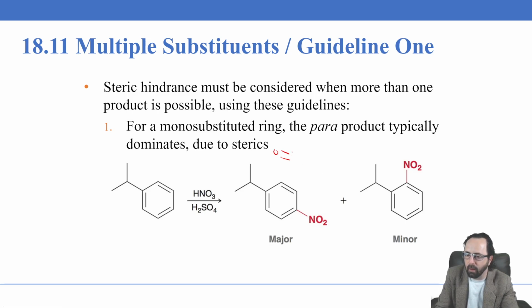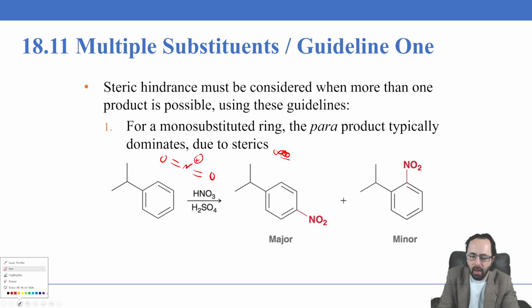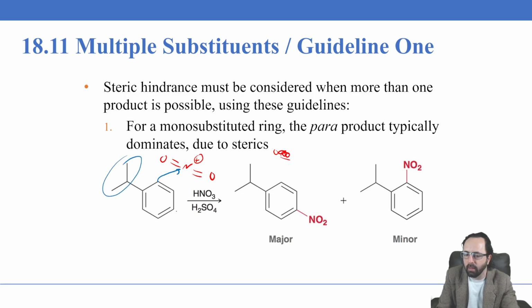If we have this as an intermediate, whoops, I should put it over here, we have this guy undergoing nucleophilic attack. It's going to be much more blocked off right here because this is going to be getting in the way, compared to an attack that occurs right here instead, which has no steric hindrance at all.